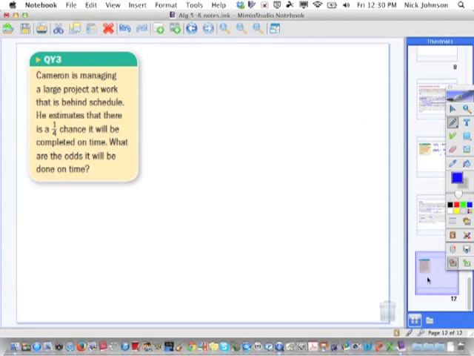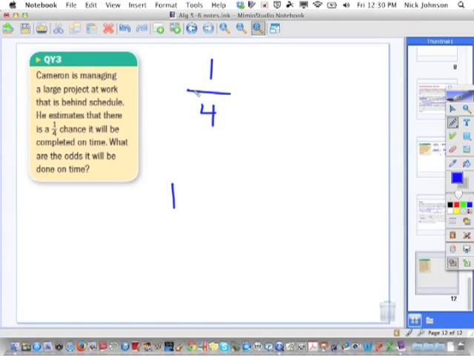So let's move on. Cameron is managing a large project at work that is being scheduled. He estimates that there is a 1/4 chance it will be completed on time. What are the odds it will be done on time? Okay, so what we know is there is 1/4 of a chance for it to be done. So 1 is the chance of being done.